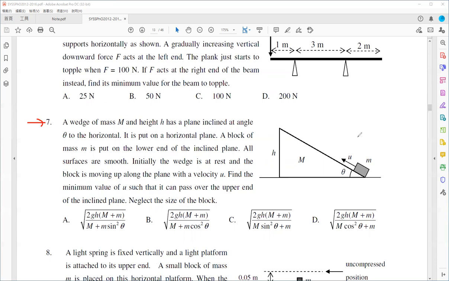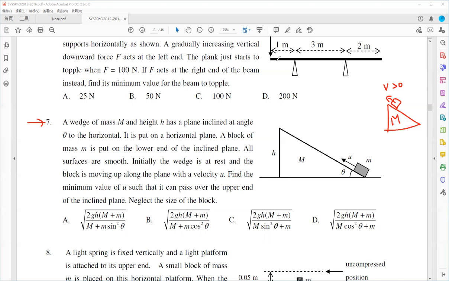Now when the small m can pass over the upper end, that means the small m moves relative to the big M. So when the small m can just pass over the upper end, it must have a relative velocity to the big M that is larger than 0.